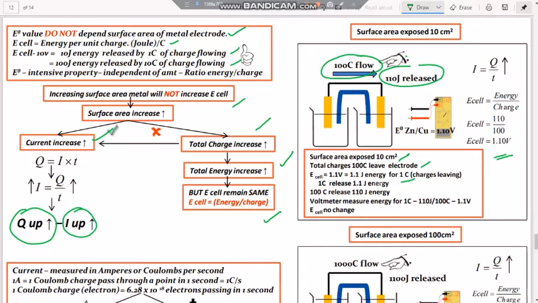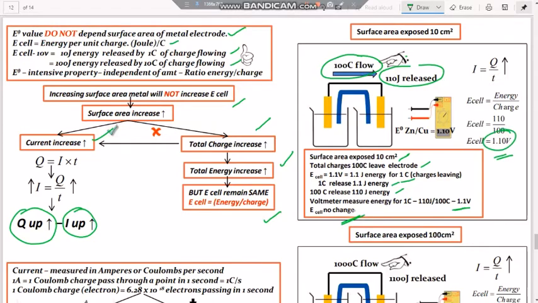So 1 coulomb releases 1.1 joule of energy here, and 100 coulombs release 110 joules. So the voltmeter measures energy for 1 coulomb: 110 joules by 100 coulombs is 1.1 volts. So E cell has no change in this one.